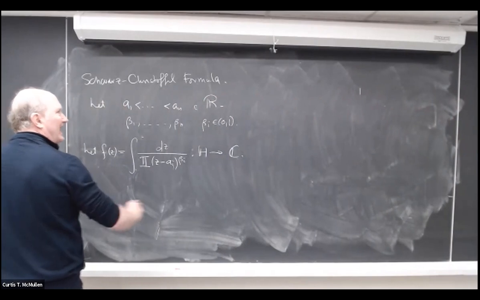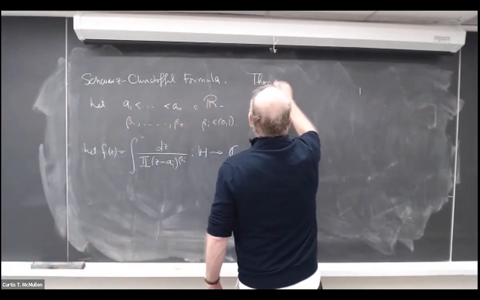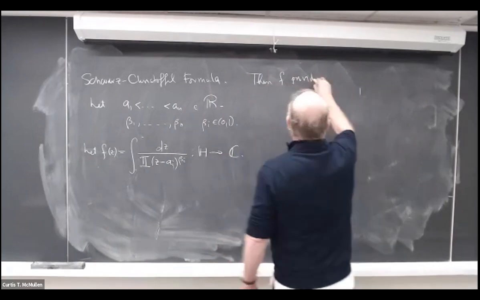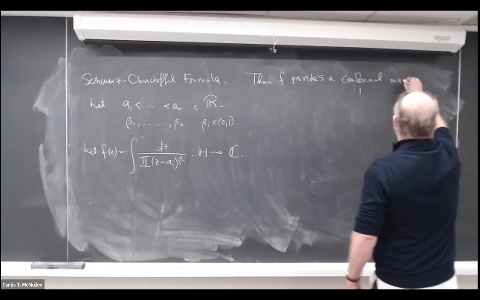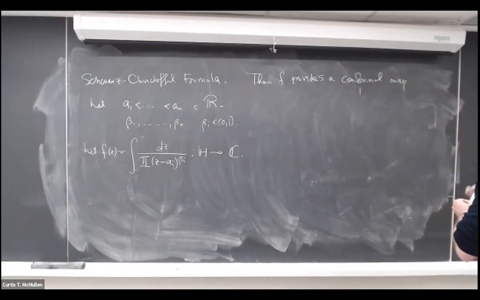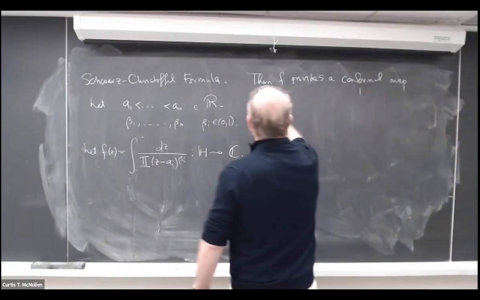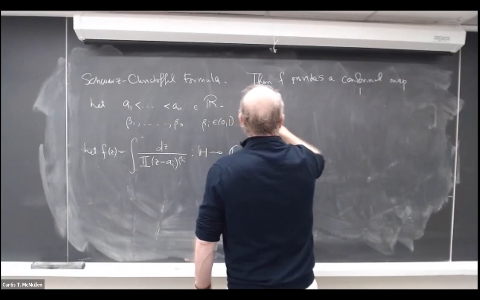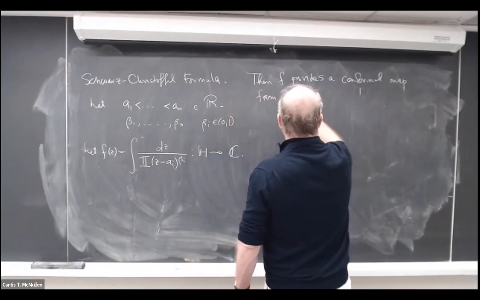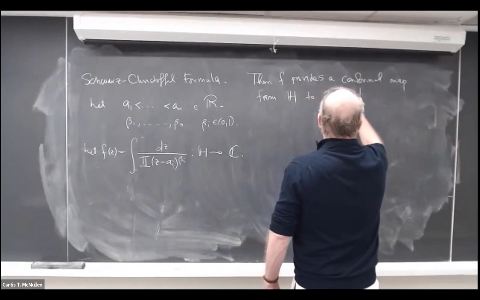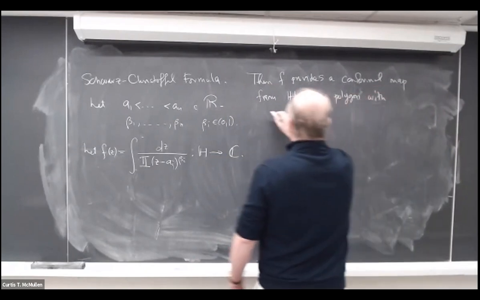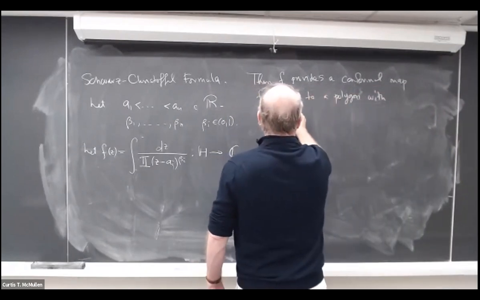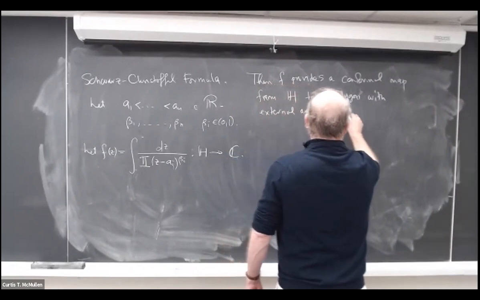We can say that F provides a conformal map from the upper half plane to a polygon with external angles pi times beta_i.